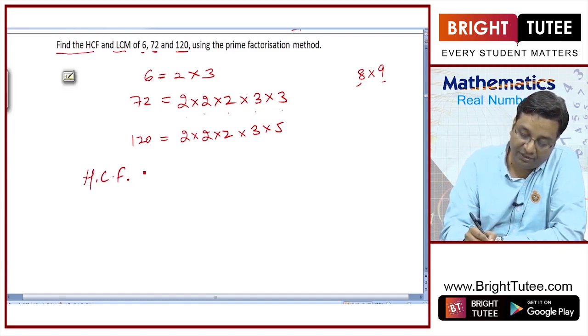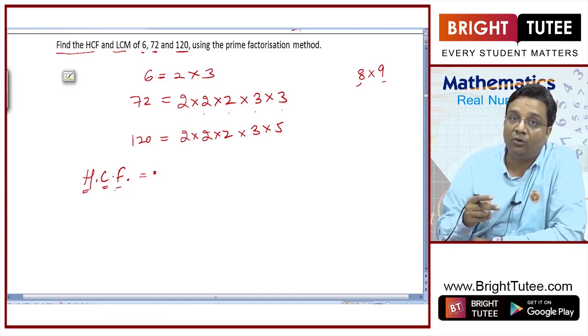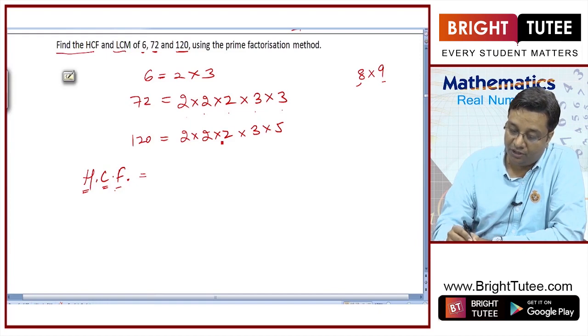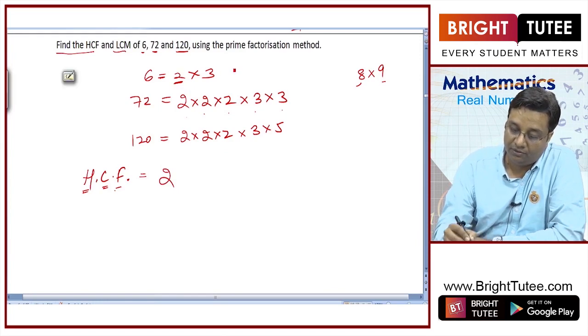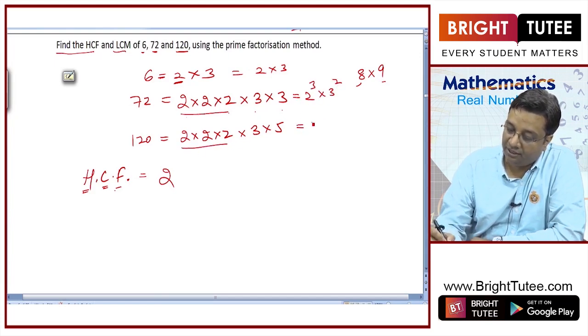So for HCF, highest common factor, I'll consider the lower powers of prime. So what is the lowest power of 2? It is 1, right? Because 6 can be written as 2 into 3, 72 can be written as 2 cube into 3 square, and 120 can be written as 2 cube into 3 into 5.